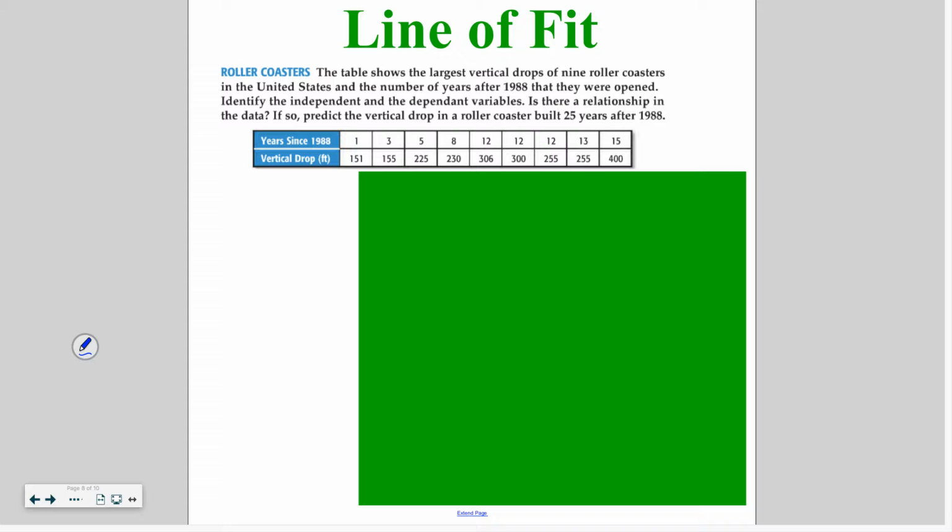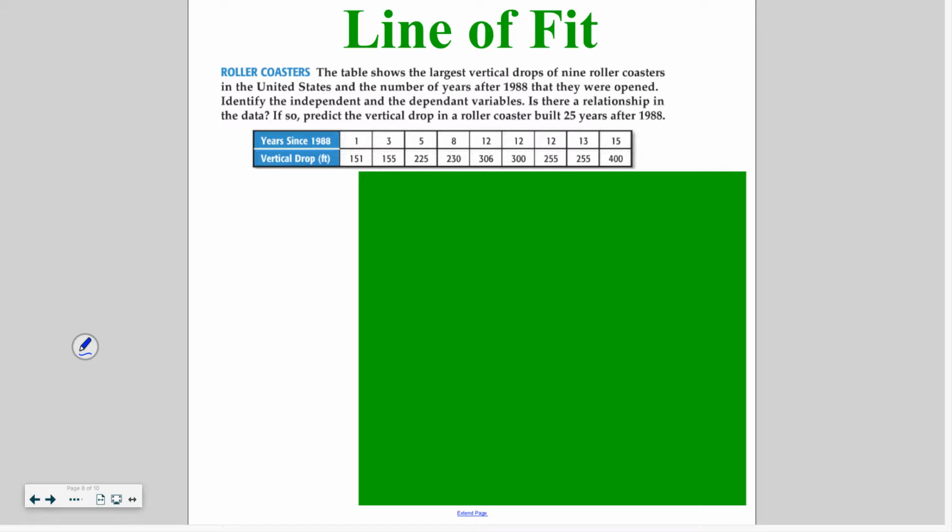So we're given data shown in the table that compares the years since 88 to the vertical drop in roller coasters. So your first job would be to make a scatter plot. We're looking at numbers 1 through 15. The scatter plot you are provided with has 15 spaces going across.